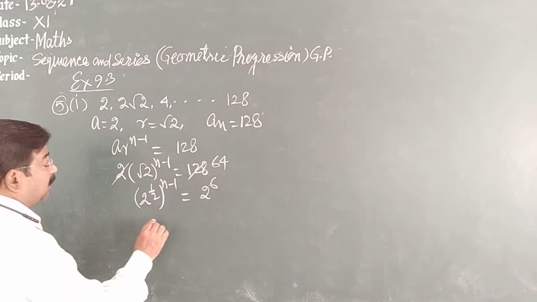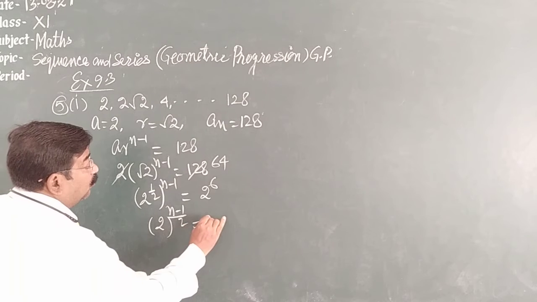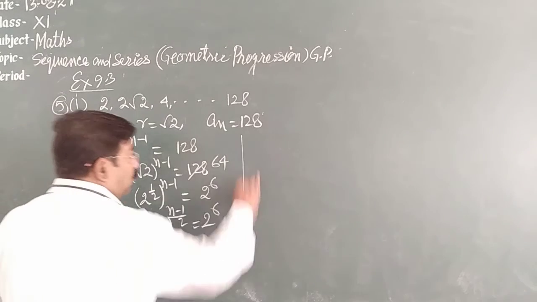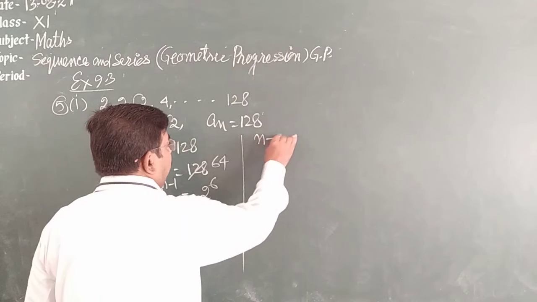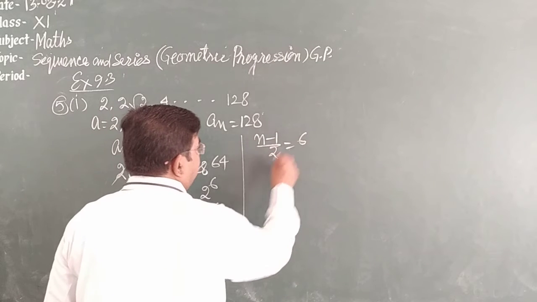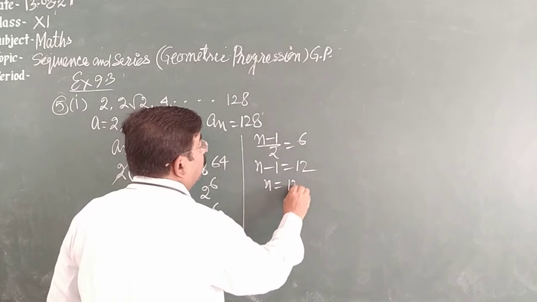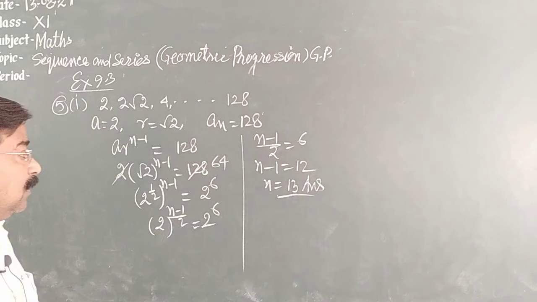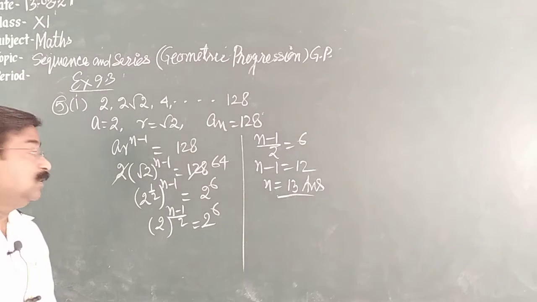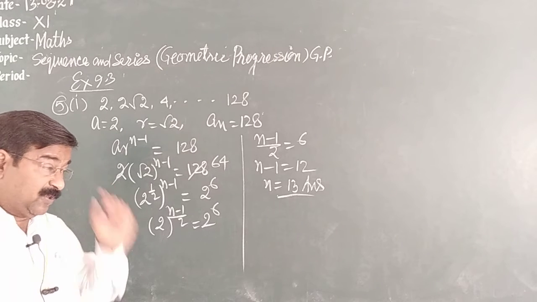Now power on power multiply, we have 2 to the power n minus 1 upon 2 is equal to 2 to the power 6. Comparing the exponent, we have n minus 1 upon 2 is equal to 6, n minus 1 is equal to 12, so n is equal to 13 is the answer of this question. We had to find the value of n, which term? So this is the solution of question number 5, first part.